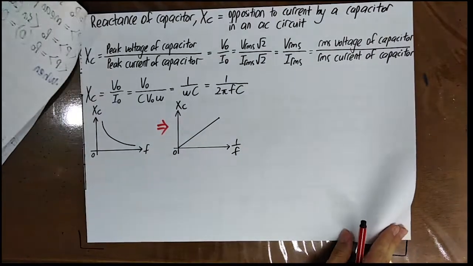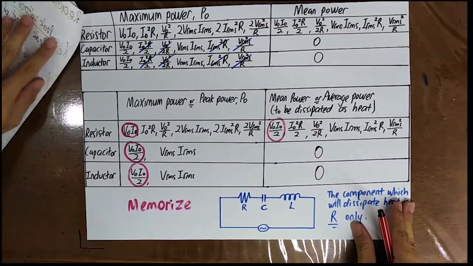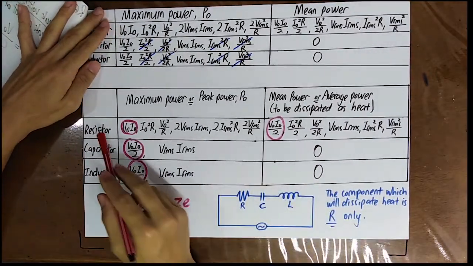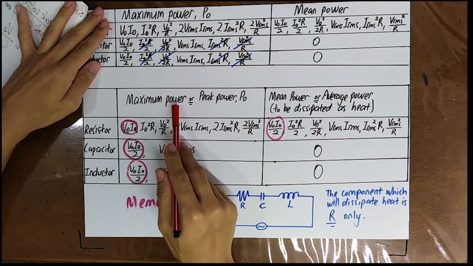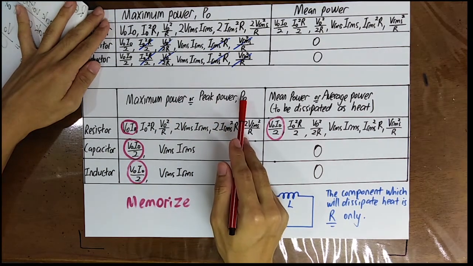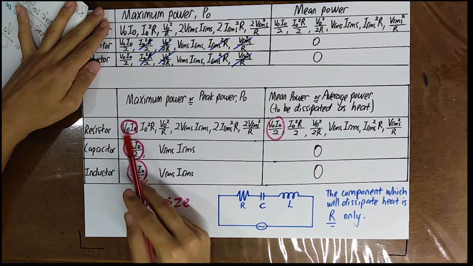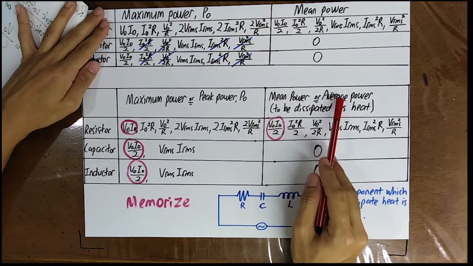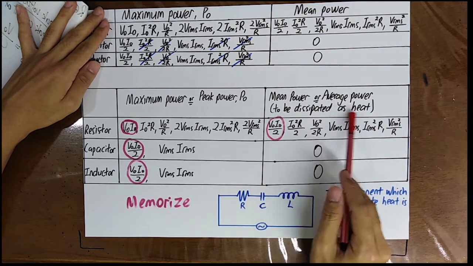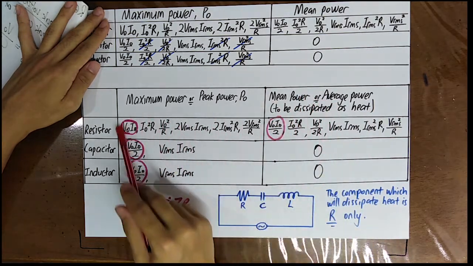So this is a summary of what you have learned about the maximum power and the mean power just now. For the resistor, the maximum power, or we can also call it peak power, is known as P0. P0 equals V0 I0. The mean power or average power, which is the power that will be dissipated as heat, is half of this value.